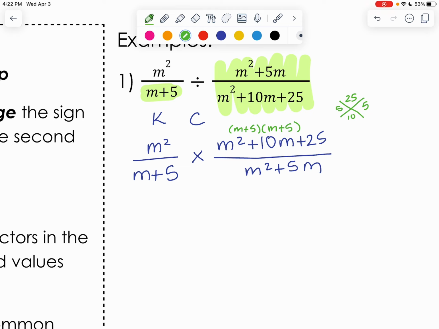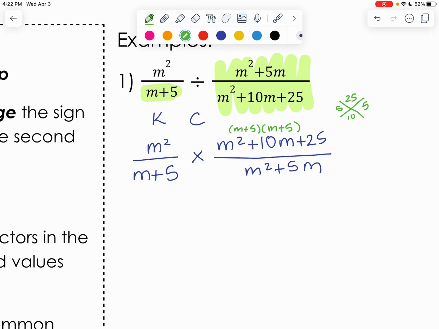Now in the denominator, m squared plus 5m, I can factor that one as well. It is not big X because it does not have 3 terms. It is not perfect squares because 5 and m are not perfect squares. But what we can factor out is a GCF because both m squared and 5m have an m.